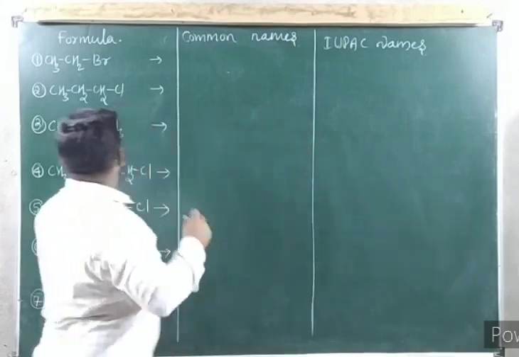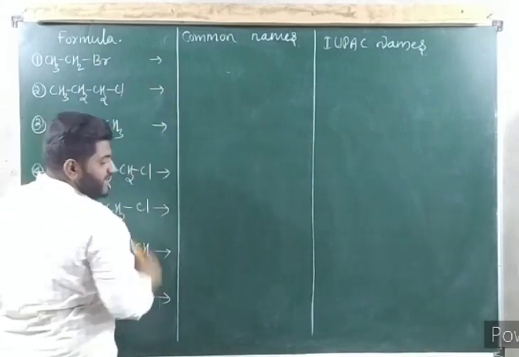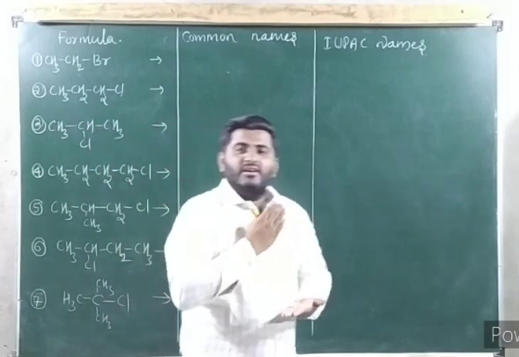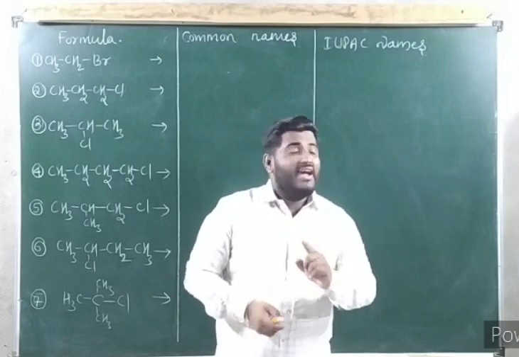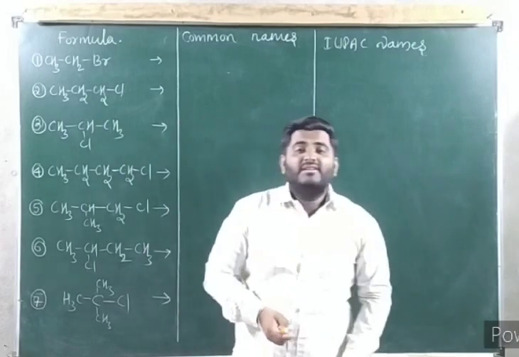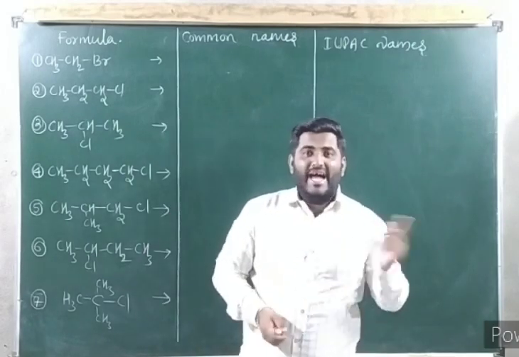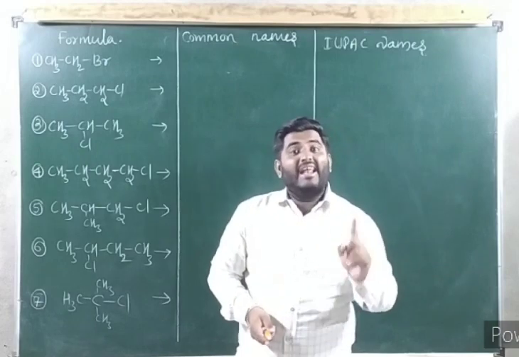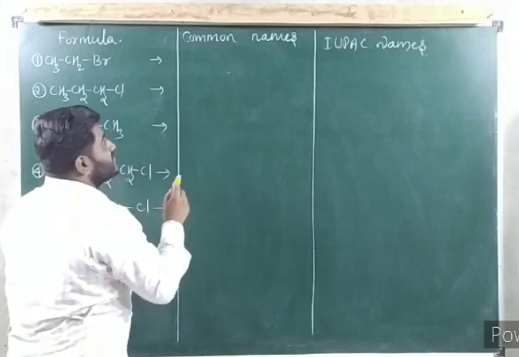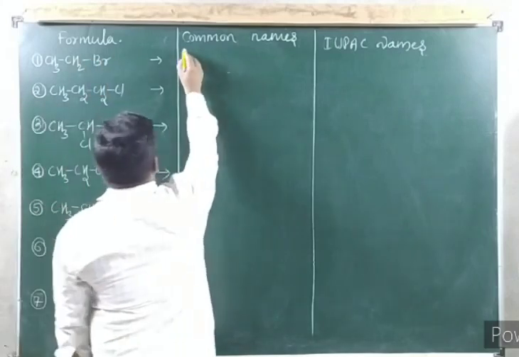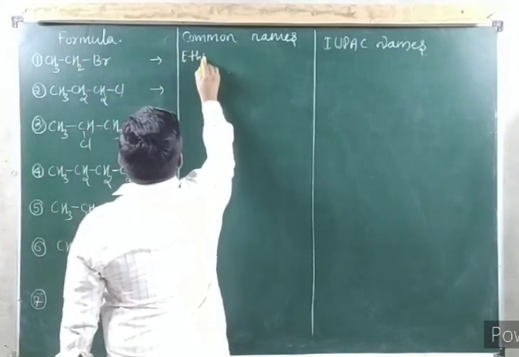Yes. See here. Common system. What is the general naming for the common system? Alkyl halides. And in the IUPAC system, they are named as haloalkanes, halohydrocarbons. Right? Alkyl halide. How many carbon atoms are there? 2 carbon atoms. So it is called ethyl bromide in the common system.